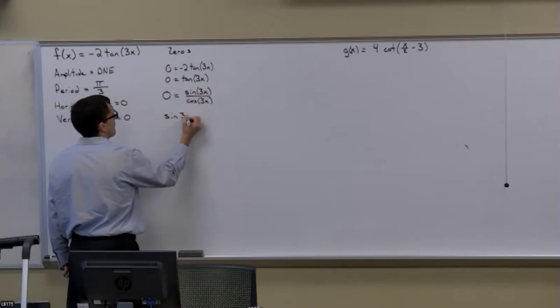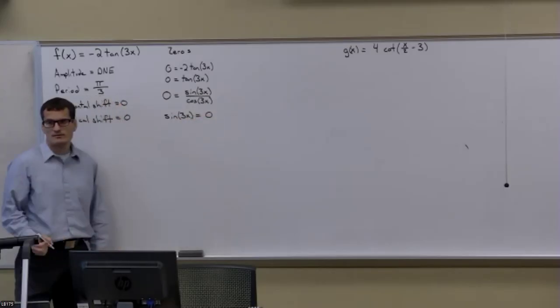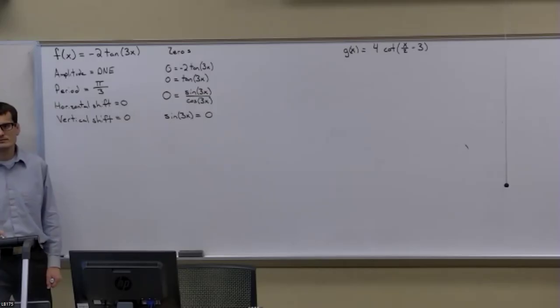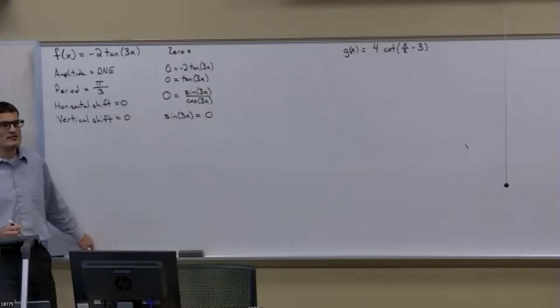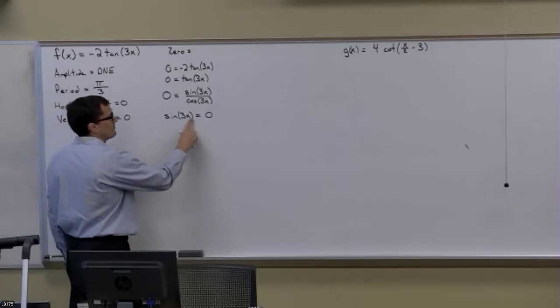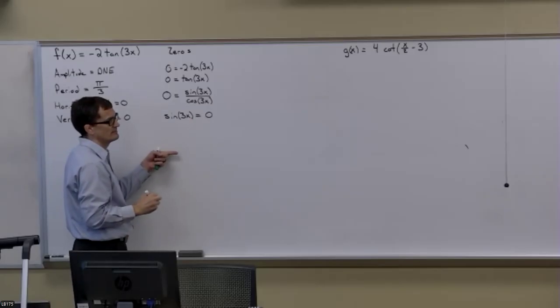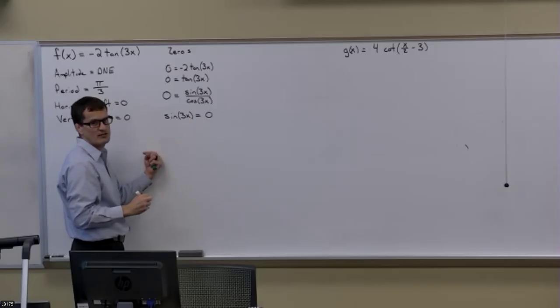I get zeros when the numerator is equal to 0. So I get zeros where sine of 3x is equal to 0. Remember back from last class, sine is 0 at negative pi, 0, pi, 2 pi, 3 pi, et cetera.